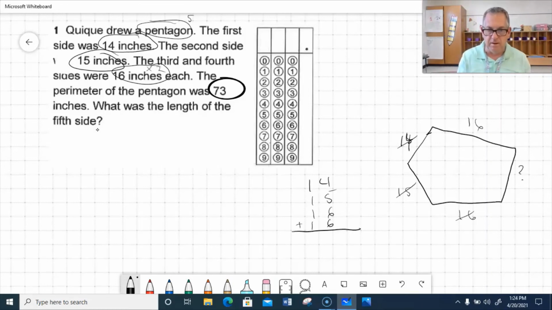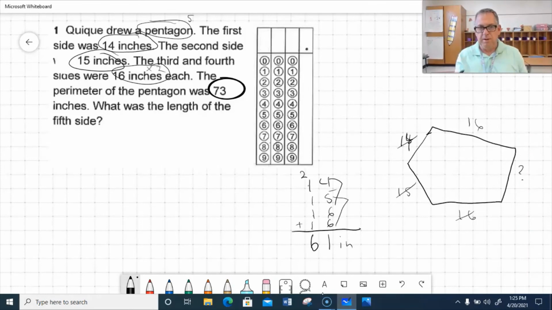Okay, well, let's check it out here. So I'll put 4 and 6 together to make 10, and then 5 and 6 together to make 11. So that sounds like 21 to me. I'll regroup my 2 over there. And then I've got 2, 3, 4, 5, 6. So it looks like the sides that I do know are 61 inches.